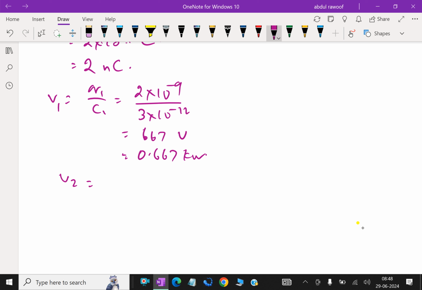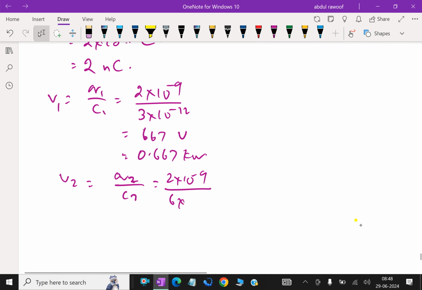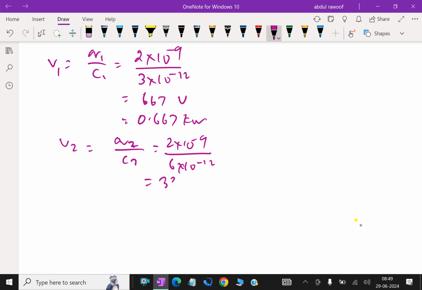V2 similarly is Q2 over C2, that is 2 into 10 power minus 9 over 6 into 10 power minus 12. Answer is 333 volt, which is equal to 0.33 kilovolt.